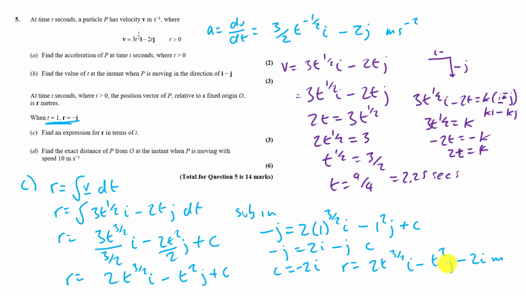Now we do write it neatly because we want to write the i's together, like how it's done in the previous question. So we write all the i's together, and it says in terms of t, so we just factorize that. 2t to the 3 over 2 minus 2 i and minus t squared j.